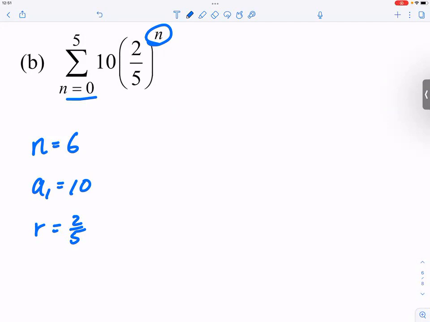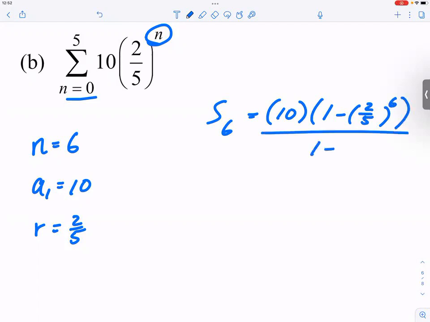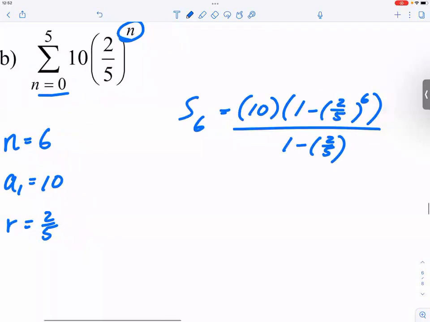So S6, not 5, but 6, is equal to a1, which is 10, times 1 minus your r value, 2/5, raised to the 6th power, over 1 minus 2/5. So I would not do any kind of simplification because I don't see anything that could be simplified nicely.